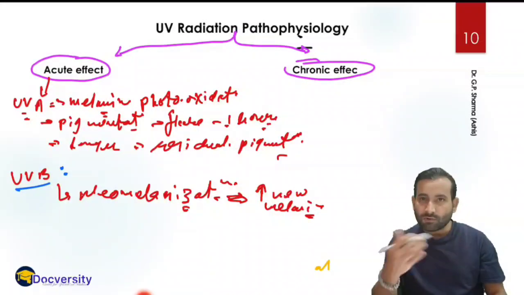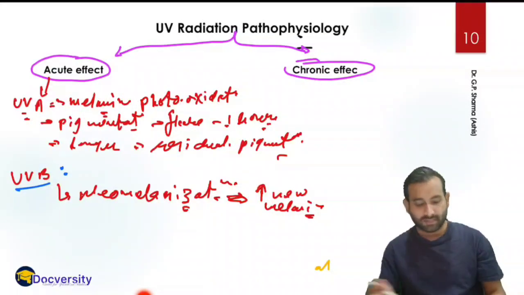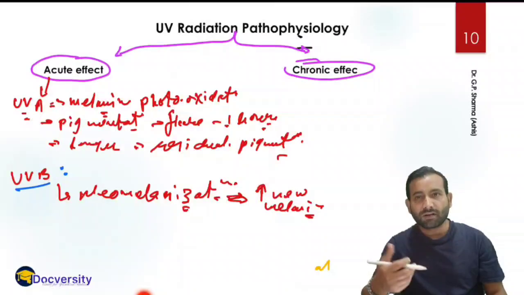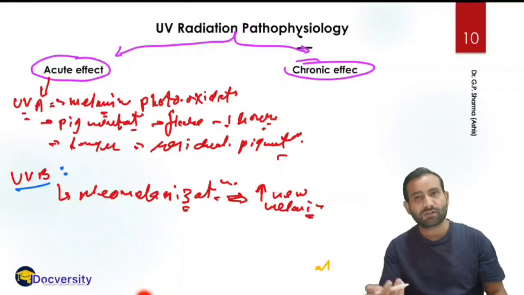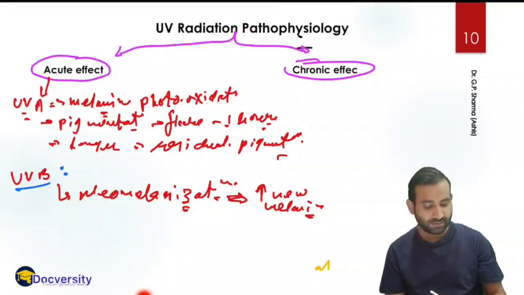Here produced melanin undergoes photooxidation, but here the number of melanin pigments increases, production of melanin is increased in case of UV radiation B. So this takes time, about 72 hours.